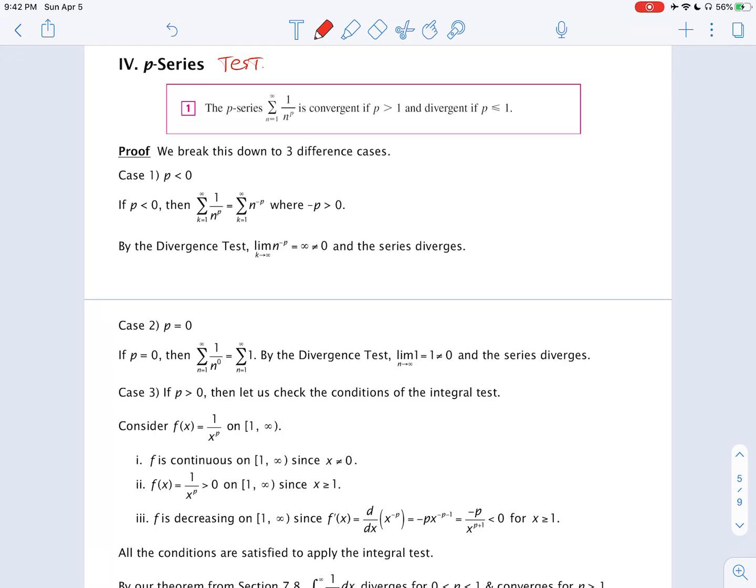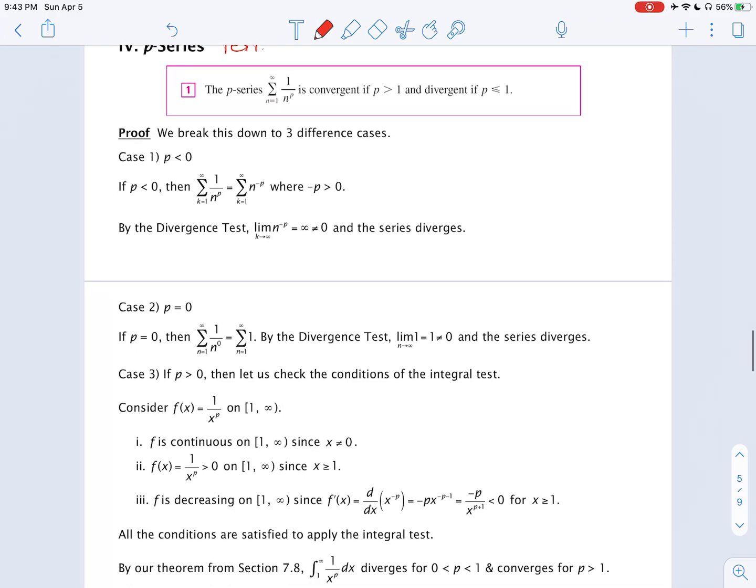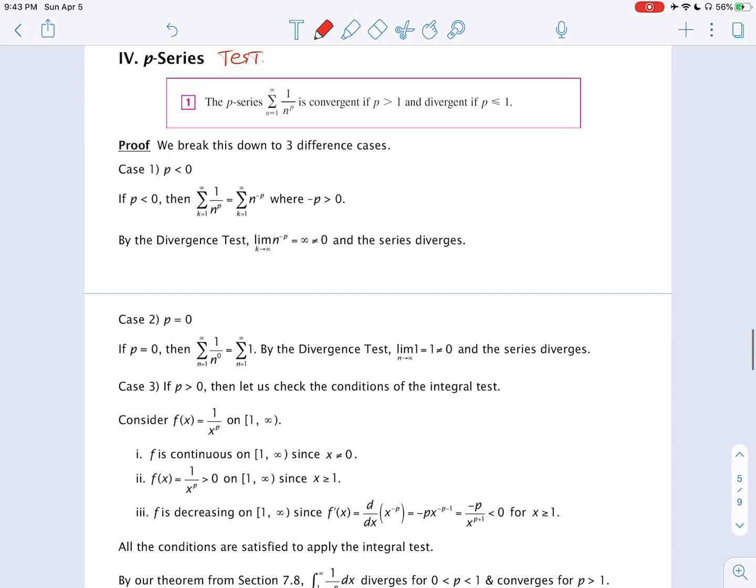This can go back to section 7.8, which uses one of the theorems that says if the integral of 1 over n to the p is an improper integral, if p is bigger than 1, then it converges, and it will diverge if p is less than 1. So this is going to be a very popular test to use with the future comparison tests. That's just known as the p-series test.